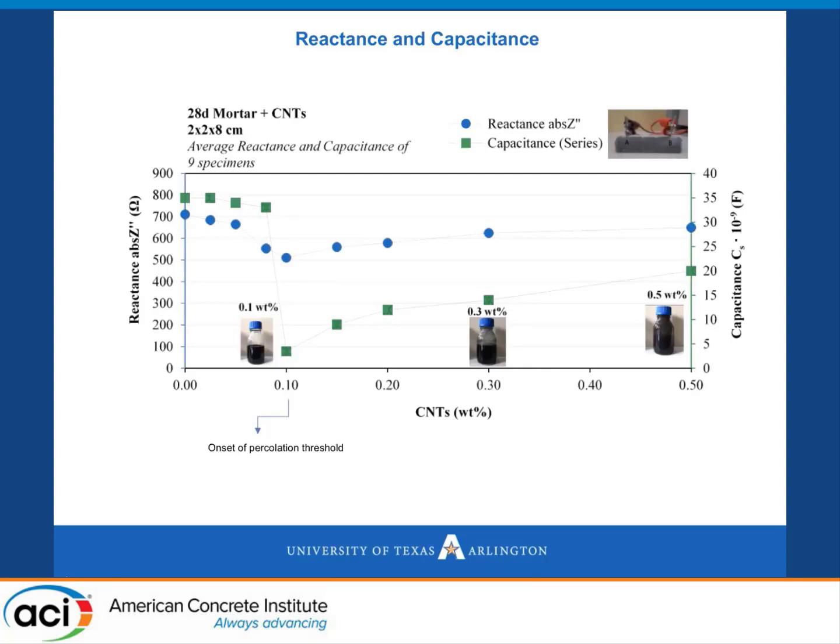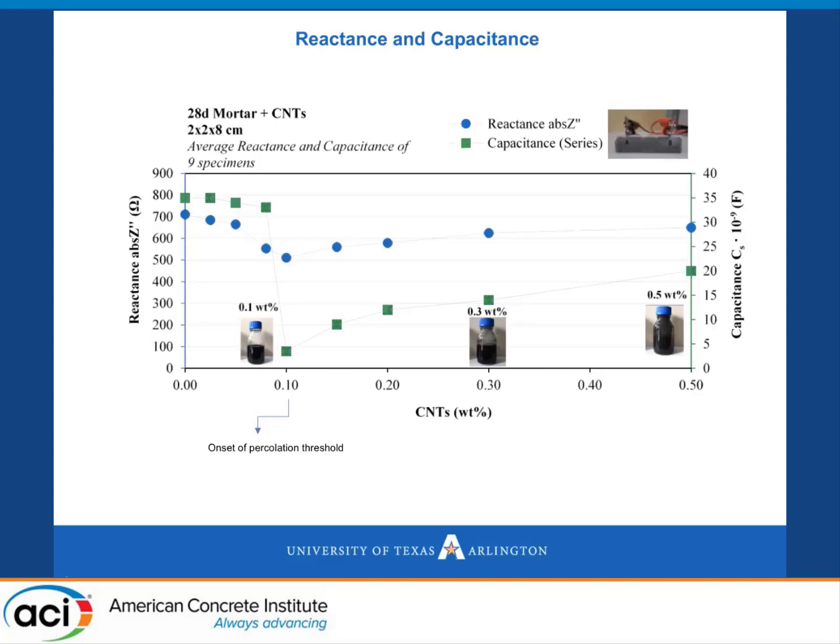Furthermore, capacitance is associated with interfacial or space charge polarization that occurs when there is an accumulation of charge at an interface between two materials or between two regions within a material.